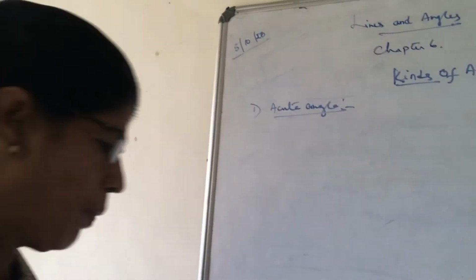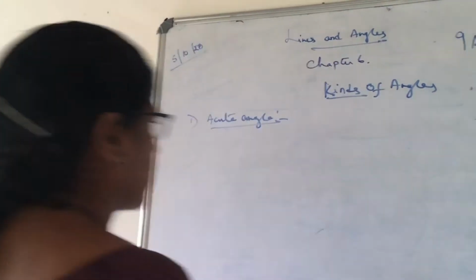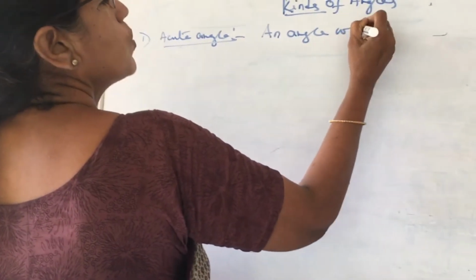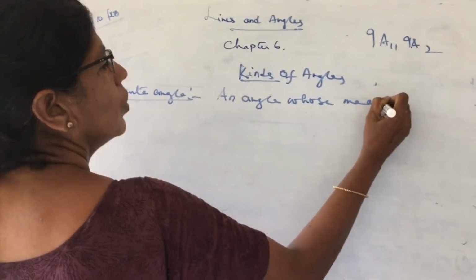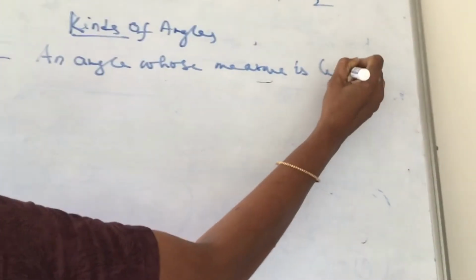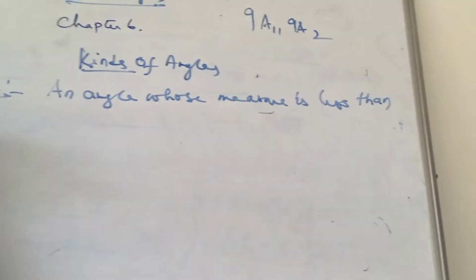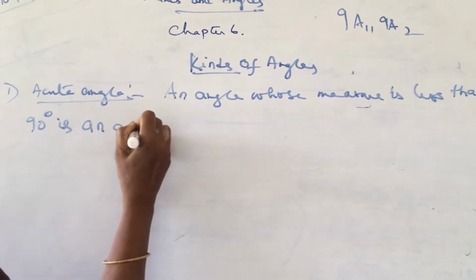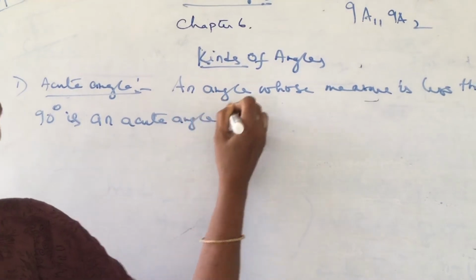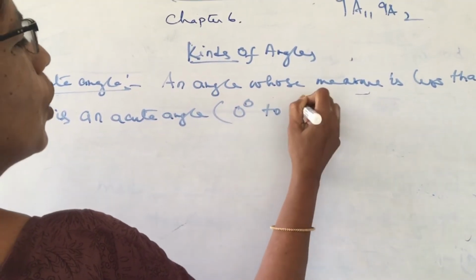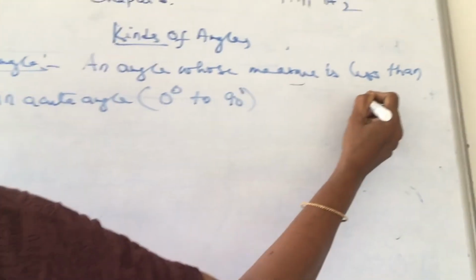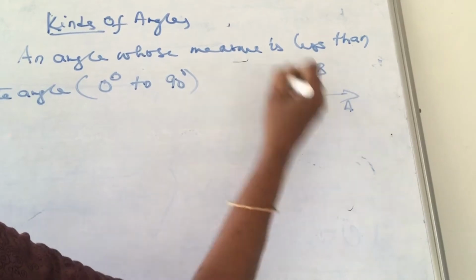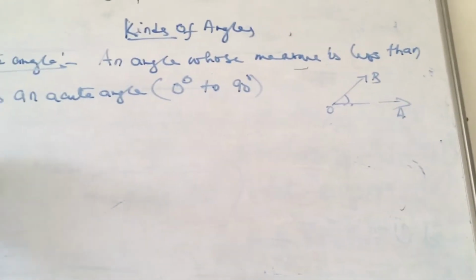An angle whose measure is less than 90 degrees is an acute angle. That means from 0 degrees to 90 degrees.